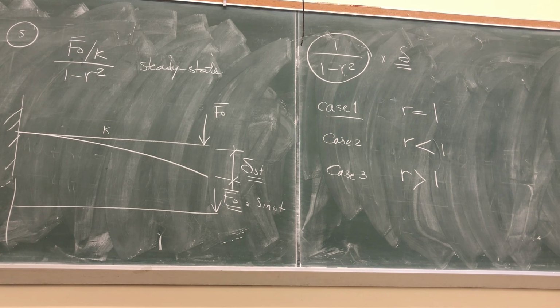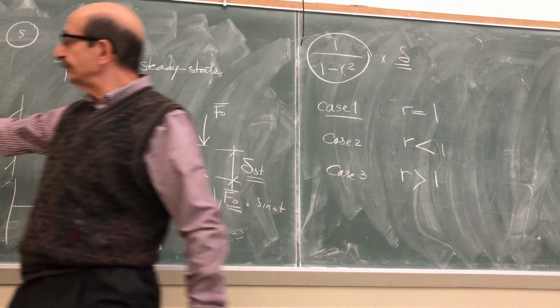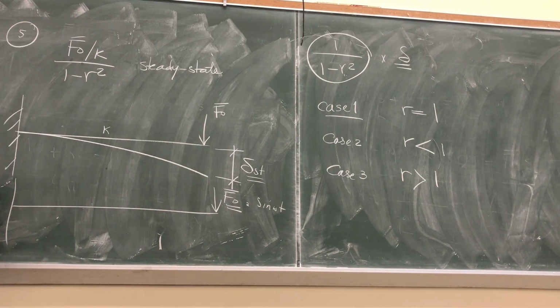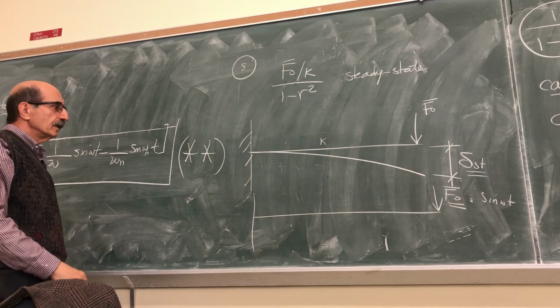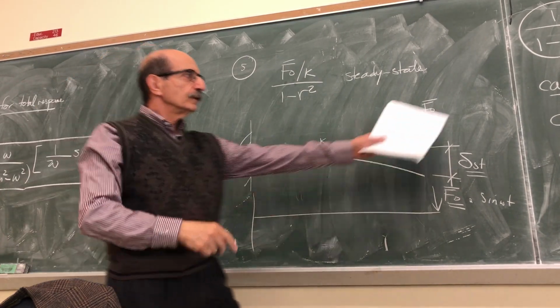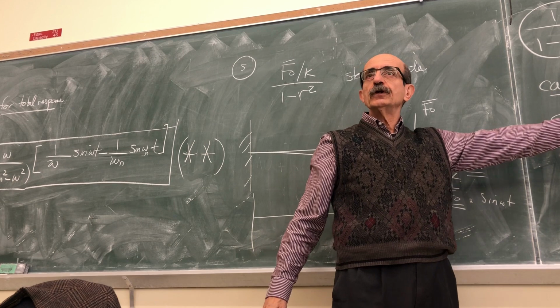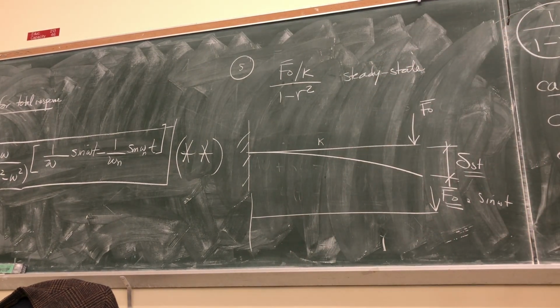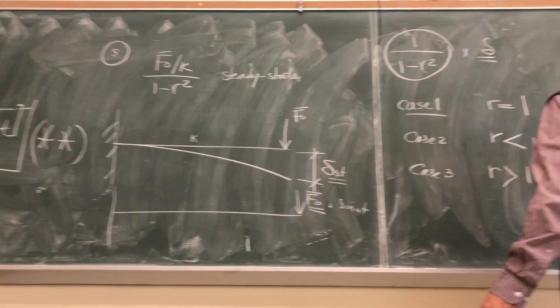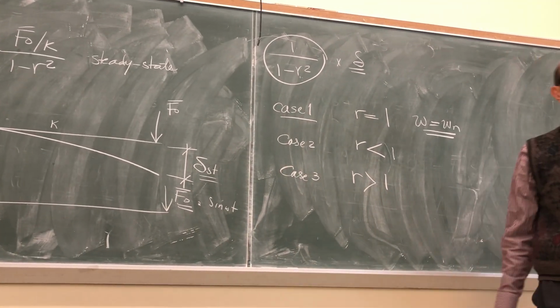You have a force acting on an undamped system, which generates a response, which is this. I've labeled that with double asterisk. So this is the response of the system. What happens if the ratio of the forcing frequency to natural frequency is 1? In other words, the forcing frequency is equal to the natural frequency.